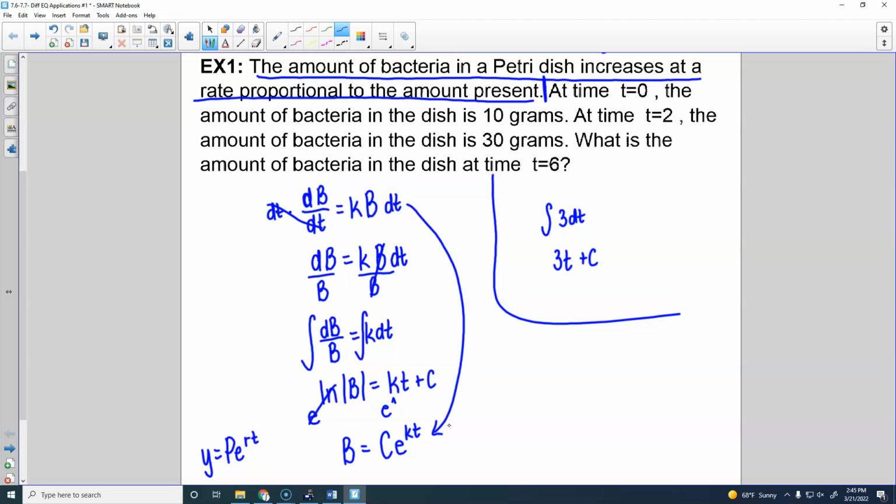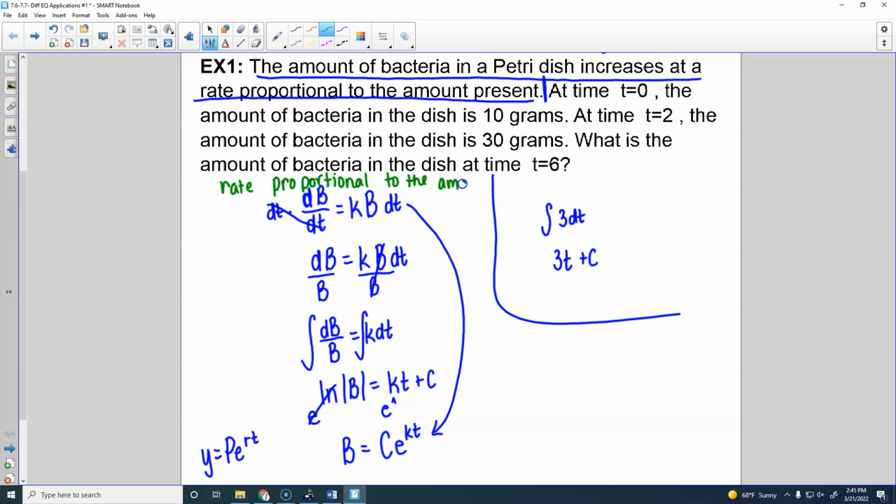As long as it's strictly a directly proportional relationship. So it has to be, your rate has to be proportional to the amount. So it has to be rate proportional. Yes.